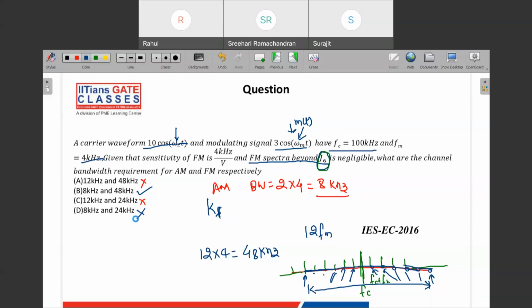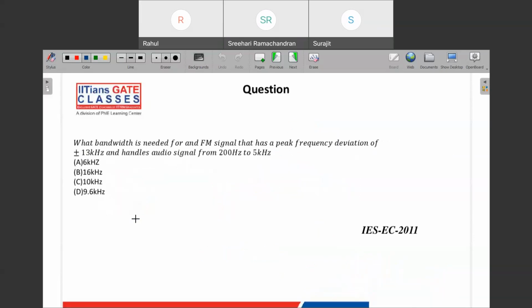Okay, let me go to the next slide. What bandwidth is needed for the FM signal that has a peak frequency deviation of plus minus 13 kilohertz and handles the audio signal from 200 hertz to 5 kilohertz?